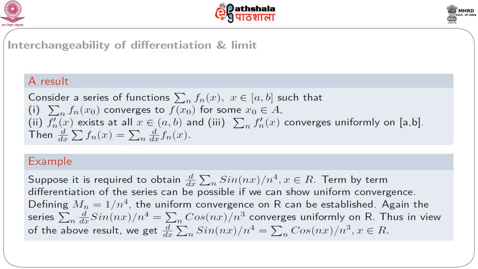Then the summation over the integral of f n x is the same as the integral over the summation of f n x. So, in this case we find that uniform convergence enables us to interchange the integration and summation operations.